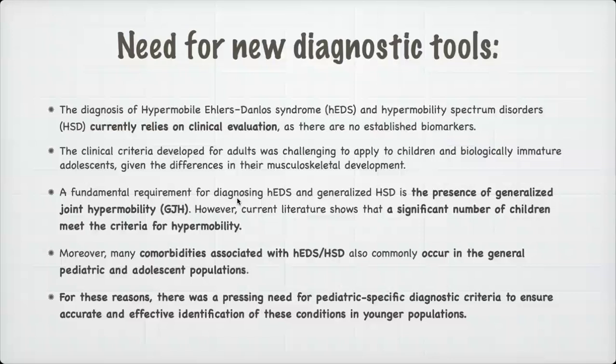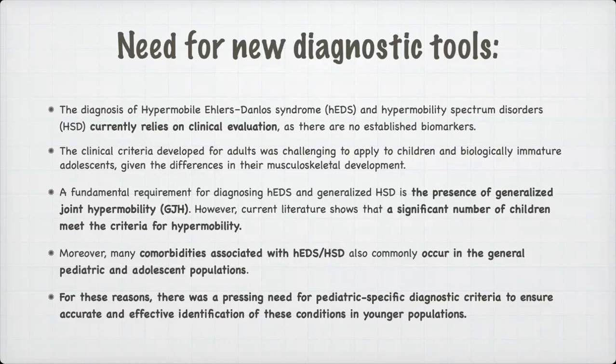So the need for new diagnostic tools arises from multiple issues. The diagnosis of hypermobile EDS and hypermobility spectrum disorders currently relies on clinical evaluation, as there are no established biomarkers such as genetic background. The clinical criteria developed for adults was challenging to apply to children and biologically immature adolescents, given the differences in musculoskeletal development. A fundamental requirement for diagnosing HEDS and generalized HSD is the presence of generalized hypermobility.